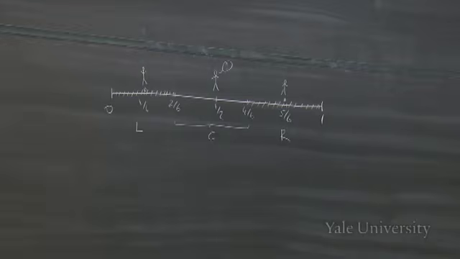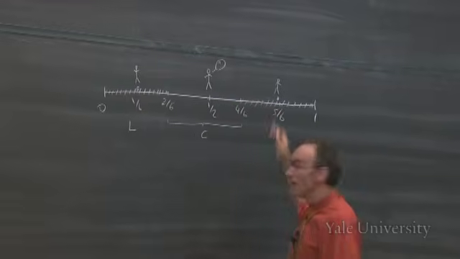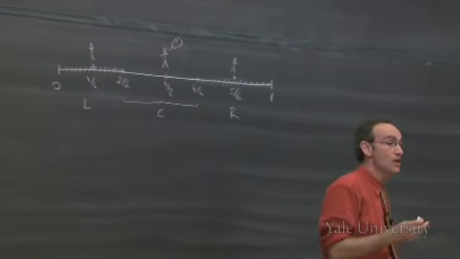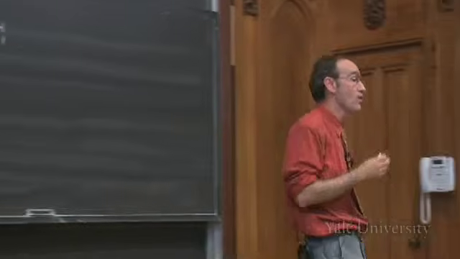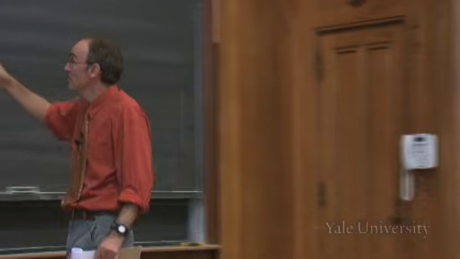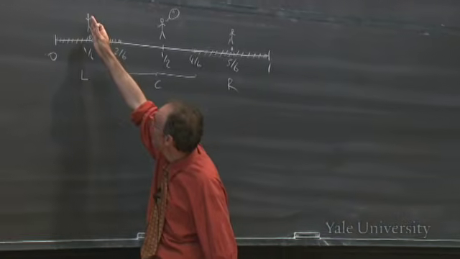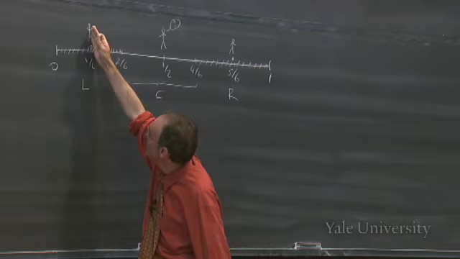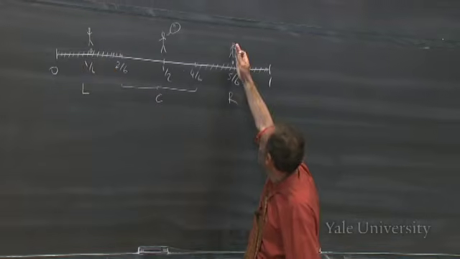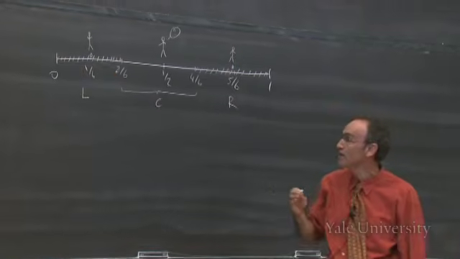If this center candidate enters, if they were exactly at a sixth and 5/6, they would split the vote, and the center candidate would win with probability 1/3. But without worrying about that exact case, suppose, as I claimed, that the left-wing candidate is just slightly to the right of a sixth, and the right-wing candidate is just slightly to the left of 5/6.